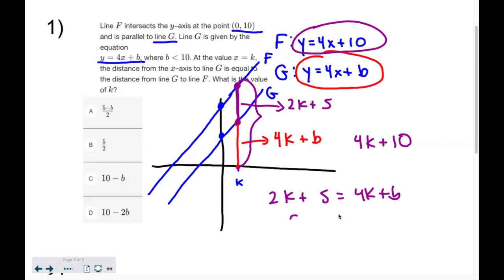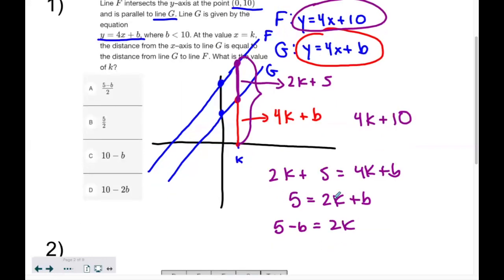So if I take 2k from over here, that's 2k plus b. And then if I want to get k by itself, I would subtract b. So I would get 5 minus b equals 2k. And finally, I would divide by 2 and get (5 minus b) over 2, which is what they're looking for.